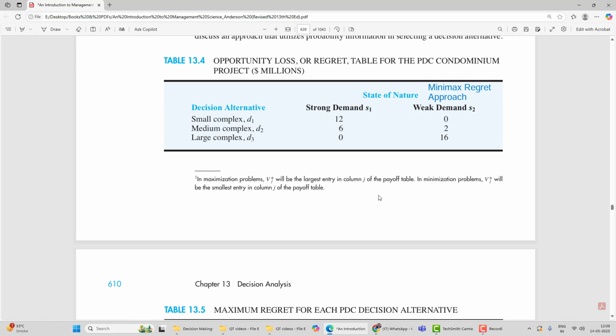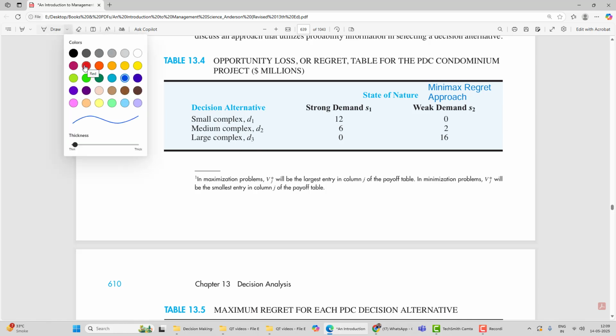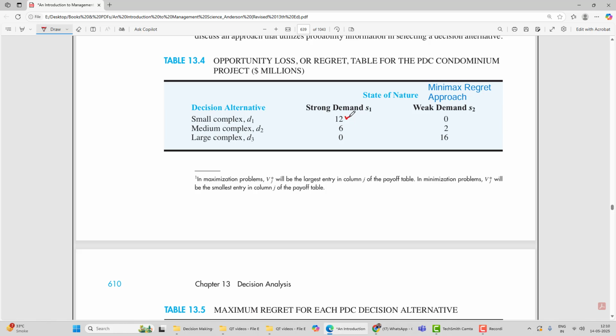Now out of these regrets, we are going to look at the maximum regrets, because when I take a decision, what is the maximum regret I am going to get? So if I take a small decision D1, our maximum regret will be 12. If I take D2, the maximum regret will be 6.